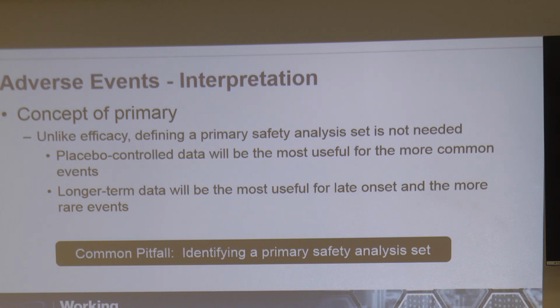And for the common events, your placebo-controlled data is going to be way more useful than your uncontrolled data. But for your more rare events, guess what? Your uncontrolled data is going to be more useful than your placebo-controlled data, right? So you don't need to identify a primary. So if you see that in writing, maybe say something. We don't need to do that, and it's kind of misleading.